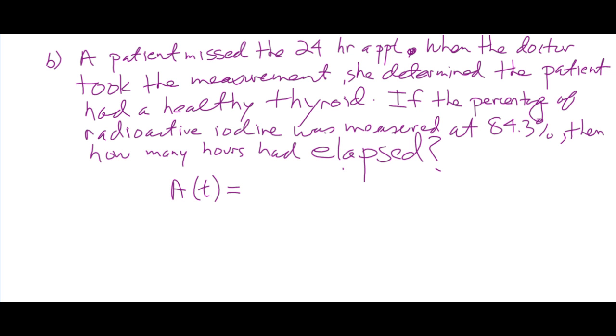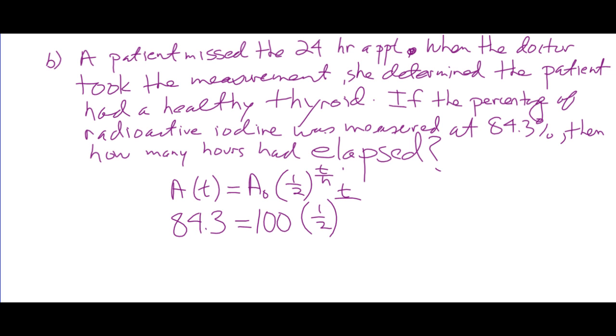All right, so we've got an equation: A of t is equal to A naught times 1/2 to the t over h. We know that we will end up with 84.3%. We know we started with 100%. We know that the half-life is 8.1 days. What we don't know is what t is.